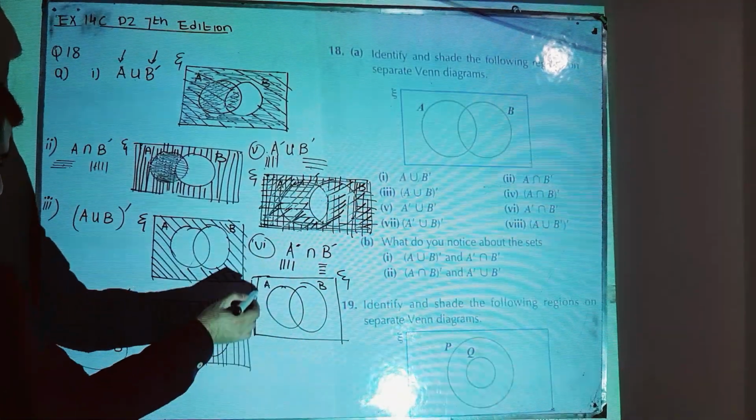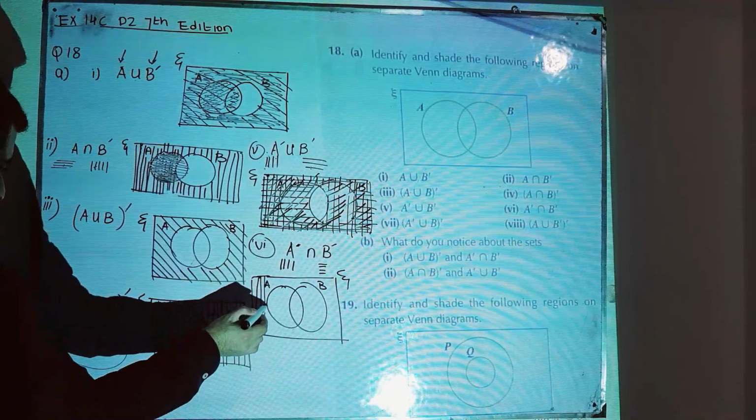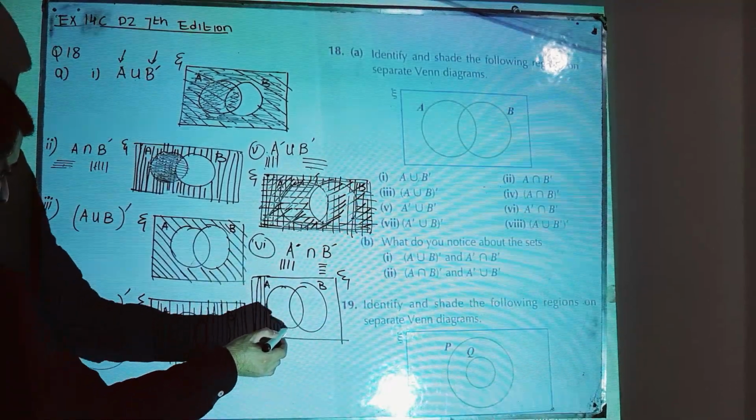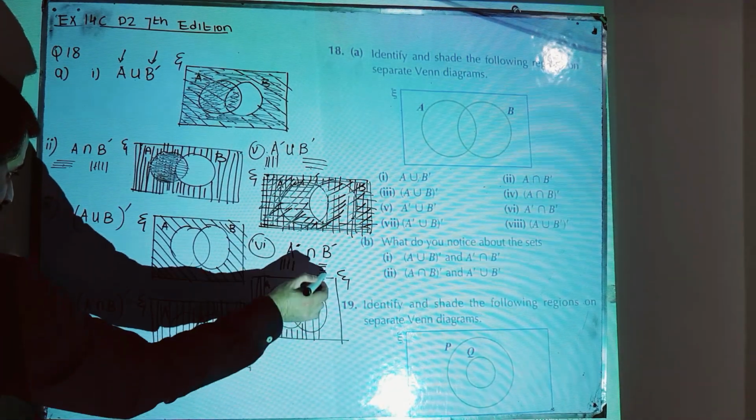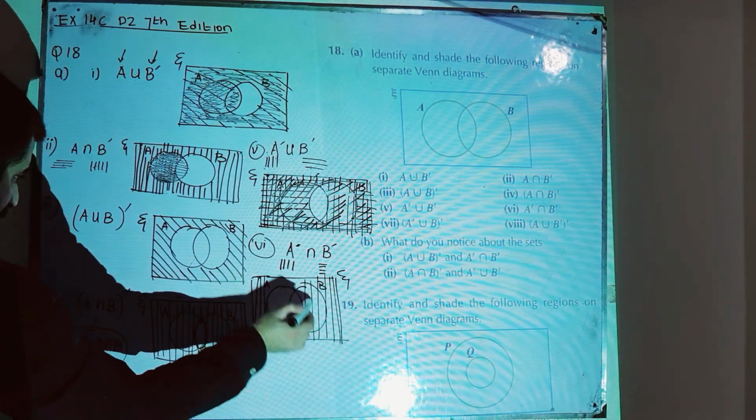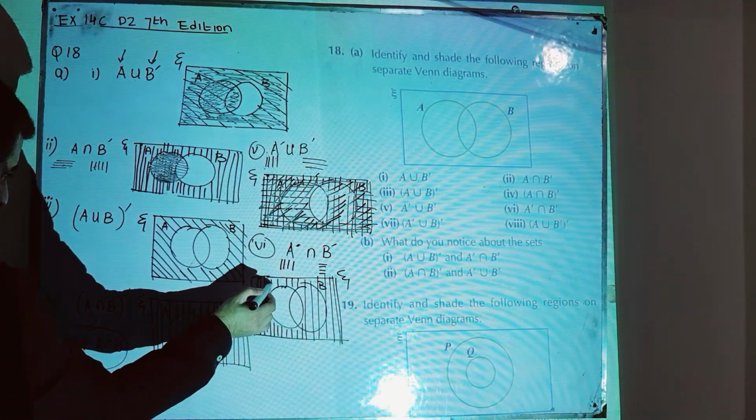So I am going to draw A complement, meaning all the region except A. As you can see, I am not passing through A. Vertical lines representing A complement are not passing through A, like this.